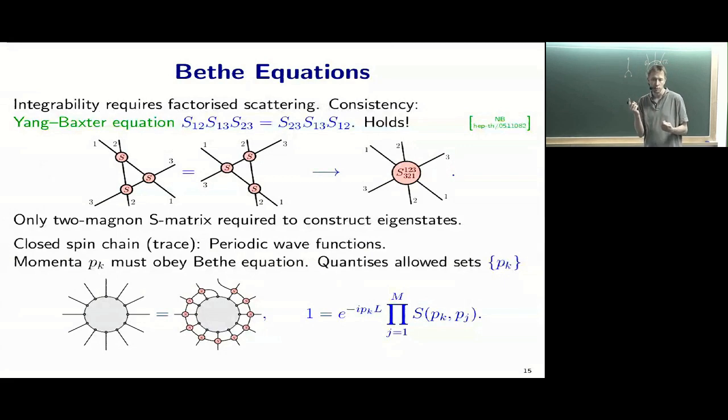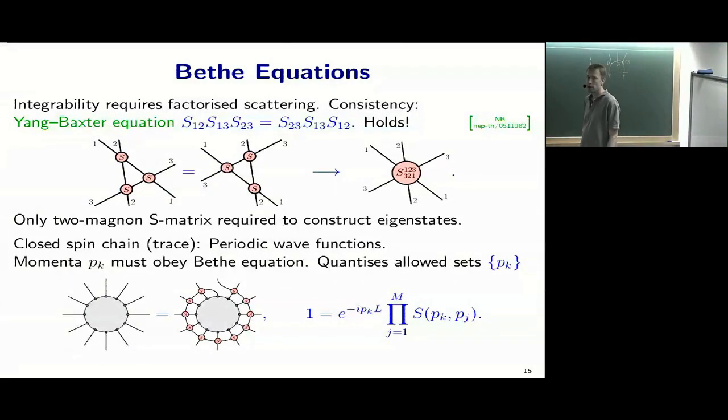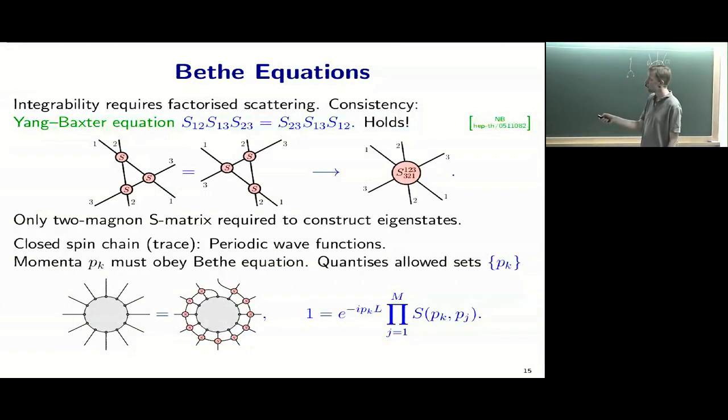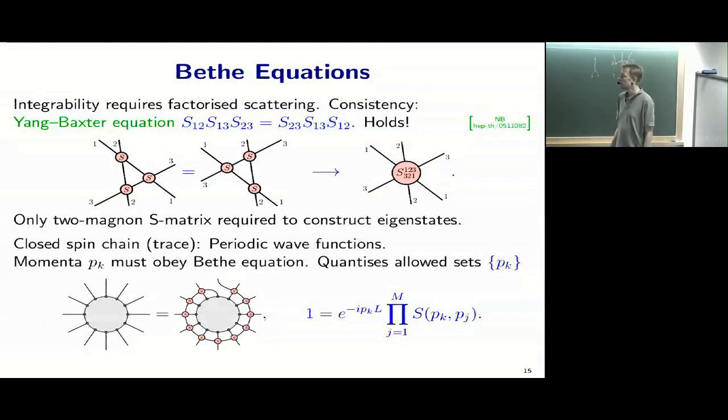Now, the permutation group is generated by nearest neighbor permutations, if you wish. That's one way of generating it, and that would be the two-particle S matrix. And then there is this relation also for the permutation group, pi 1, pi 2, pi 1 equals pi 2, pi 1, pi 2, and if that holds, then you get a consistent permutation group.